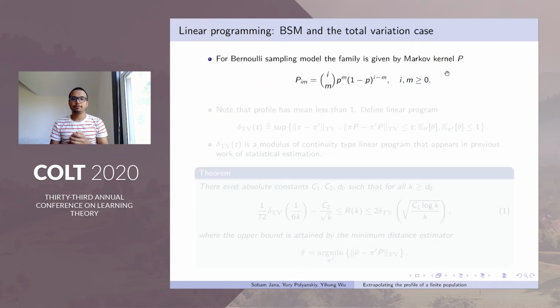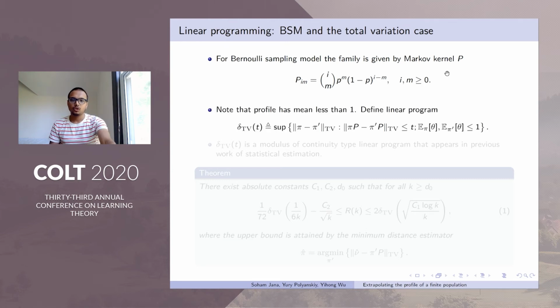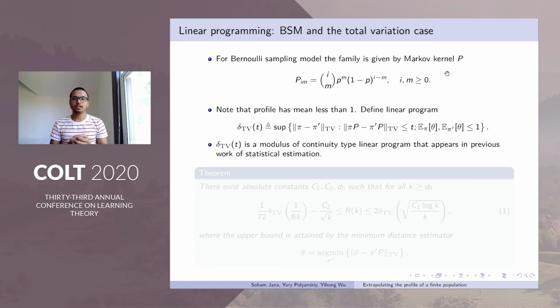In our case of Bernoulli sampling model, we note that the family of distribution P is actually given by a Markov kernel, with each entry given by some binomial PMFs. We note that in total variation case, the linear program actually has a total variation version, which is of modulus of continuity type that pops up in a lot of statistical estimation problems.